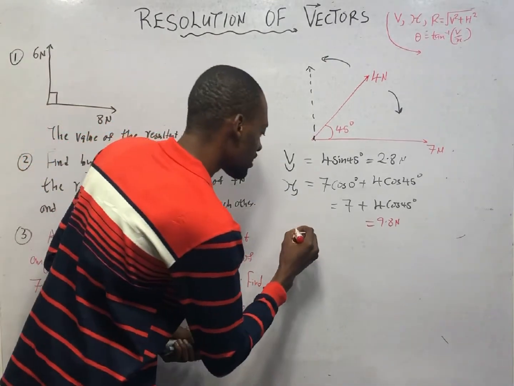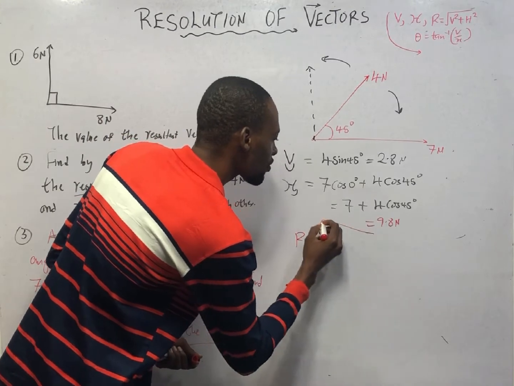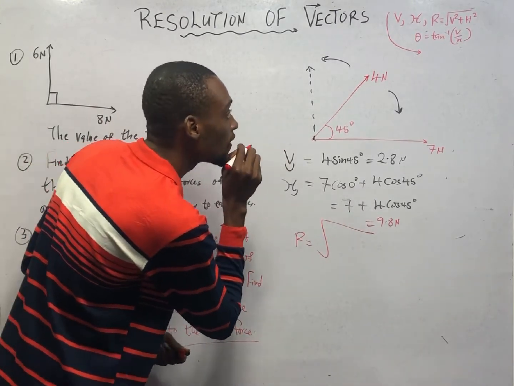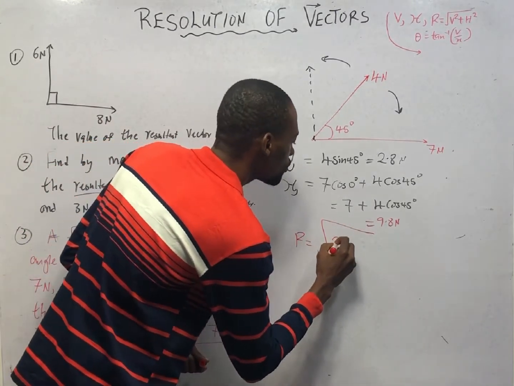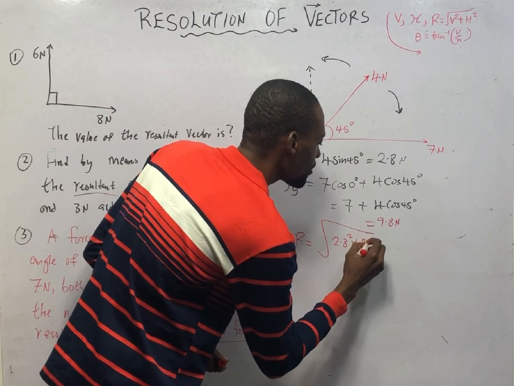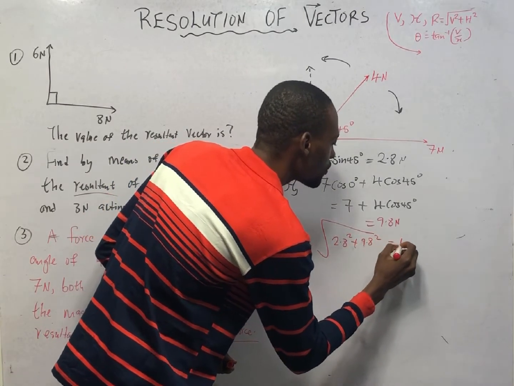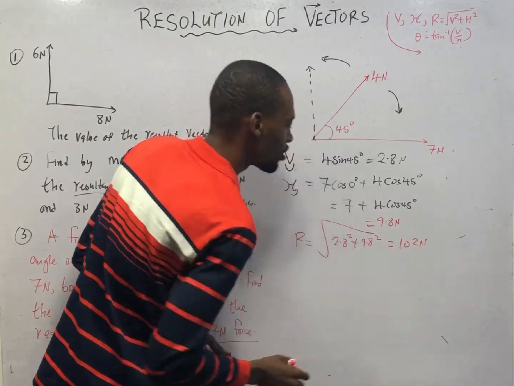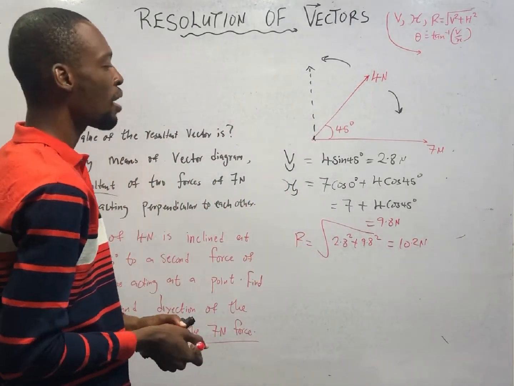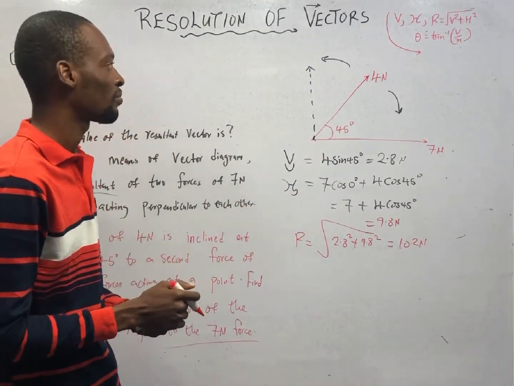The next is the resultant. R is equal to the square root of V squared, 2.8 squared plus 9.8 squared. This will give you 10.2 Newton. If I am correct. If I am wrong, then you are right.